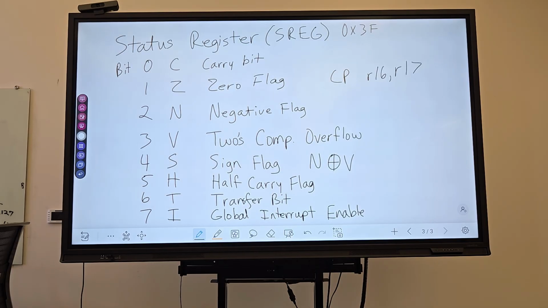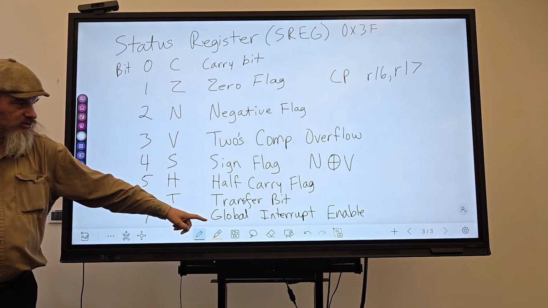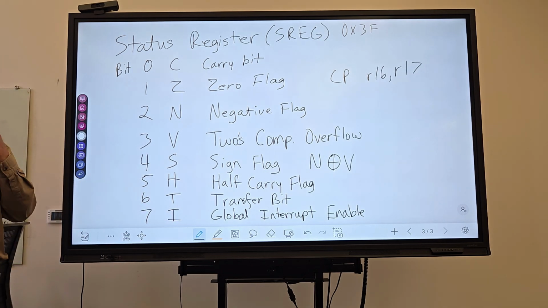Otherwise, they are ignored. So we'll see when we get more into interrupts how you need 3 signals to trigger an interrupt. One of them is the global interrupt enable bit. Has to be high.